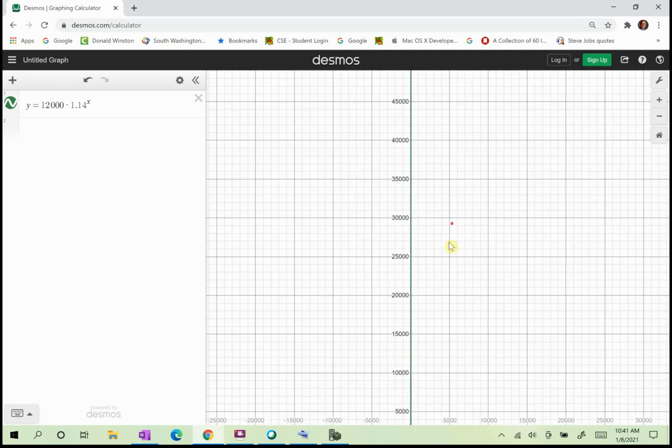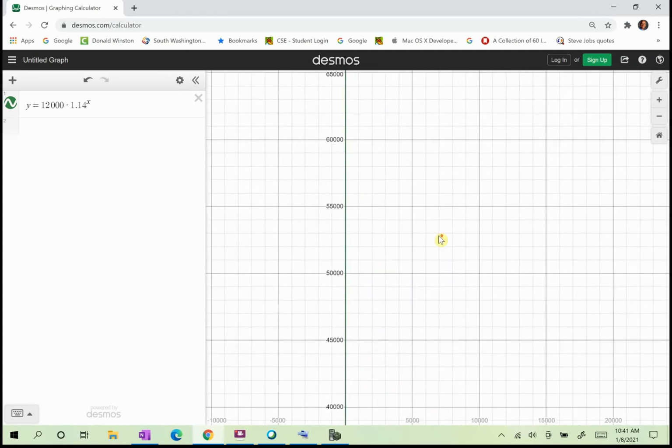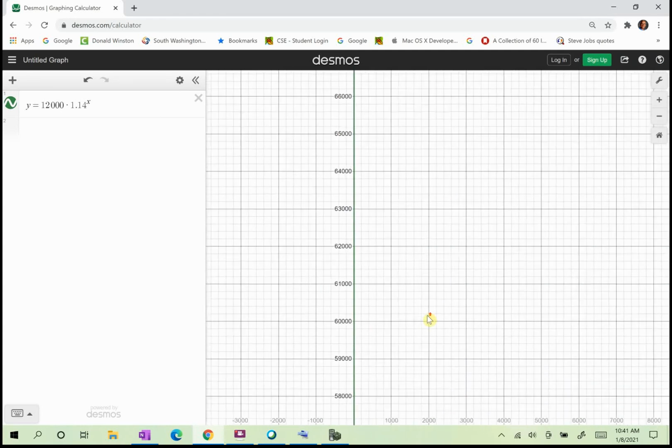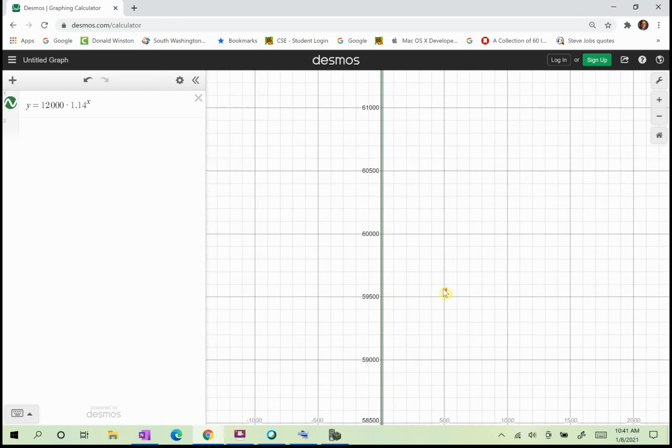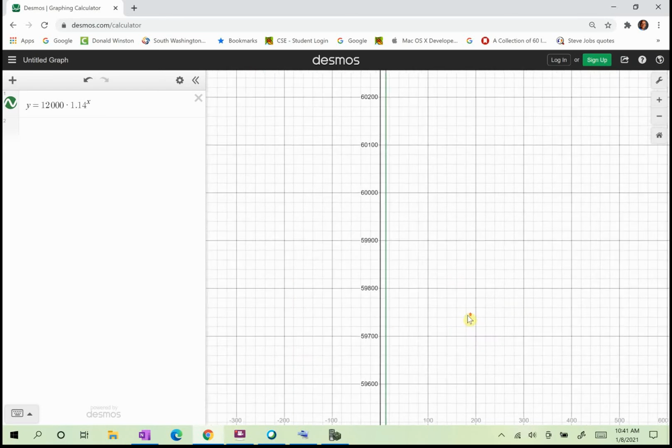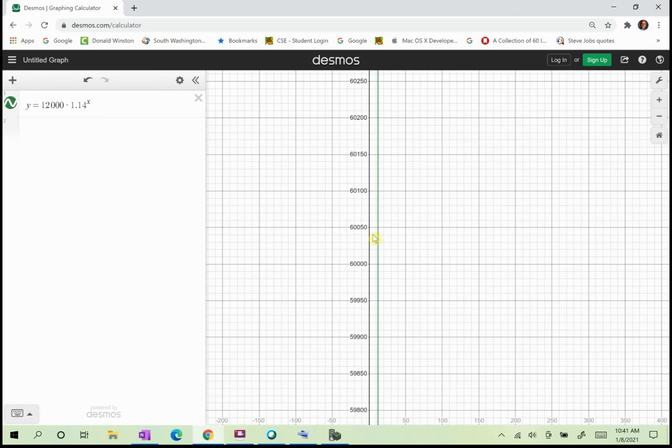As an approximation, if I zoom in and click there, we're at 60,000. If you look at the bottom of the screen, it says 12.254 and 59771. It's in about 12.25 years.